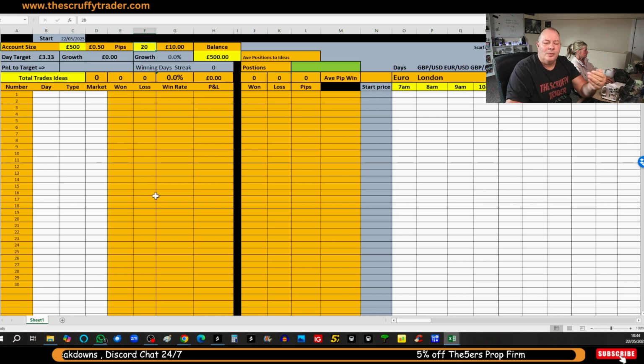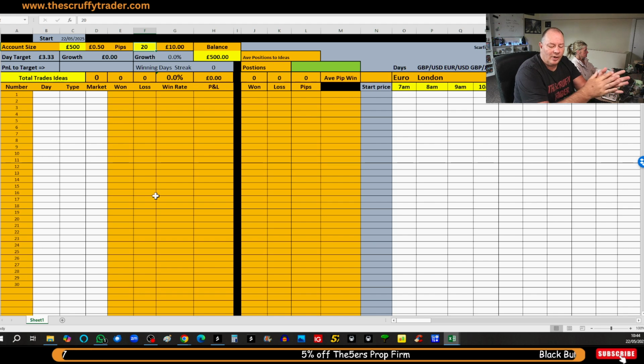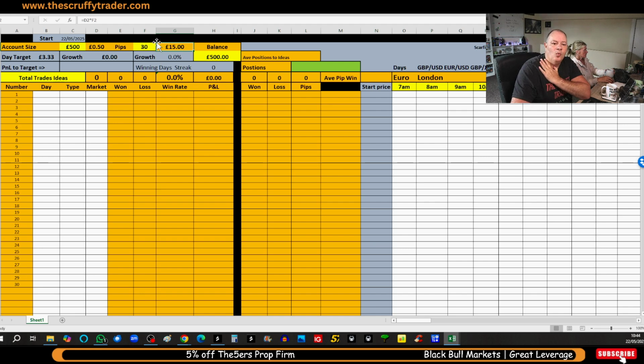Your pips is how many pips you want on the day. 20 to 30 is about right, but you can put in whatever you want. If you want to go for 30 pips, put 30 pips in, and it'll tell you what your day goal is going to be. So it's going to be 15 quid in this scenario.